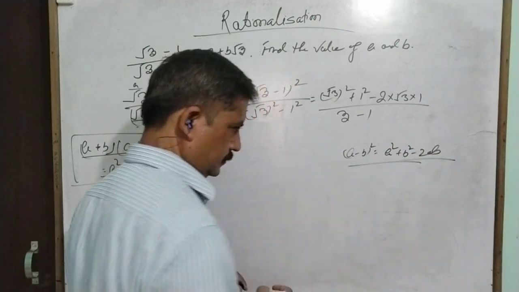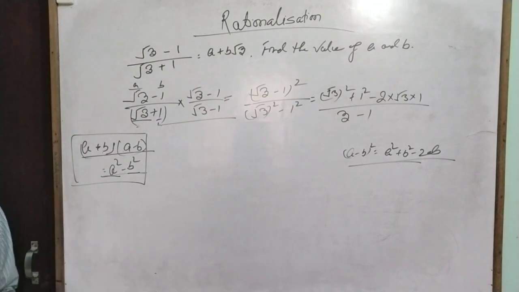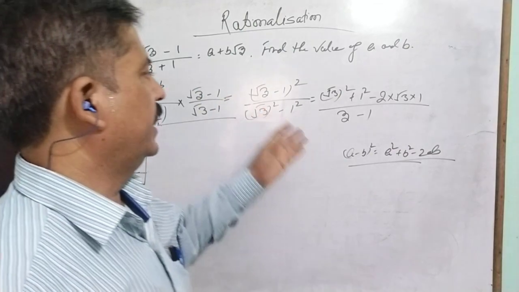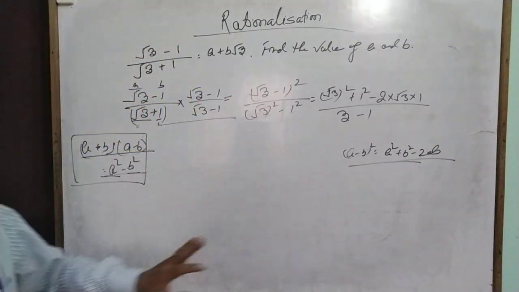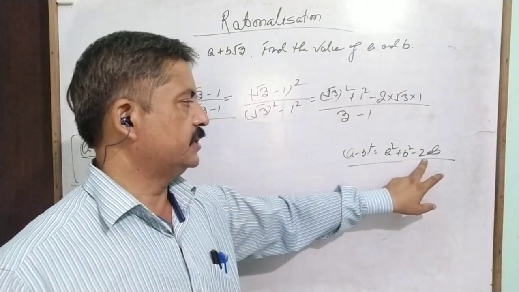Always, not only in algebra, in any place we use the a minus b whole square format, we always use the formula a square plus b square minus 2ab.